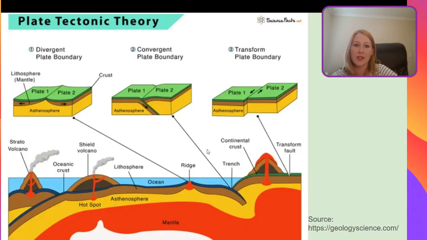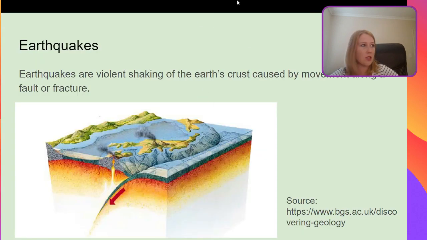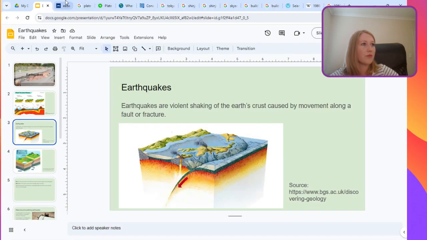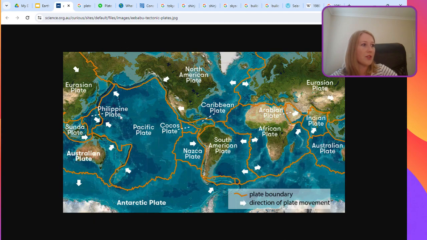So before we can understand earthquakes, I want to take a moment to look at plate tectonics. The Earth's crust is broken up into these plates. Found this really nice picture.